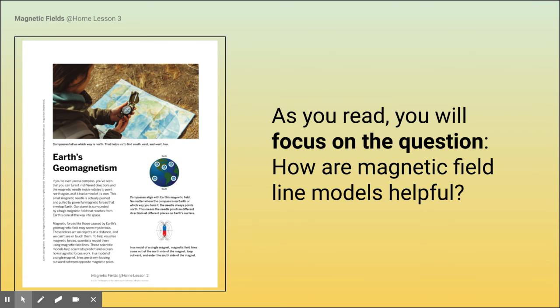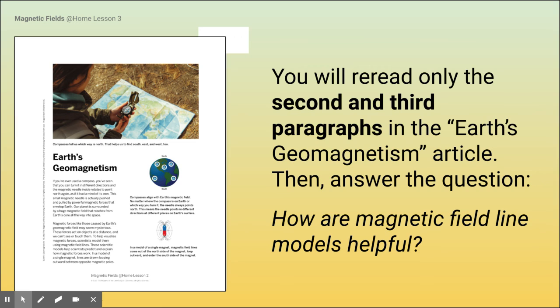As you read, you will focus on the question, how are magnetic field line models helpful? You will reread only the second and third paragraphs of Earth's geomagnetism article, then answer the question.